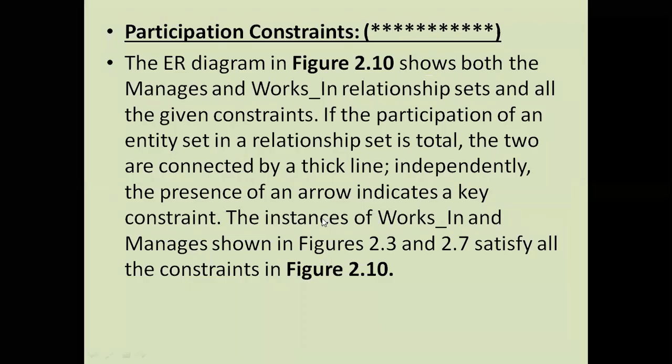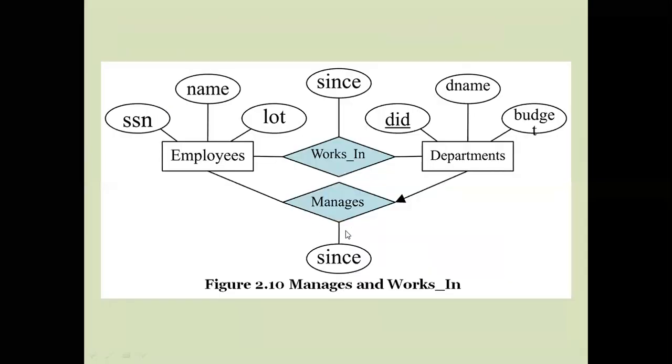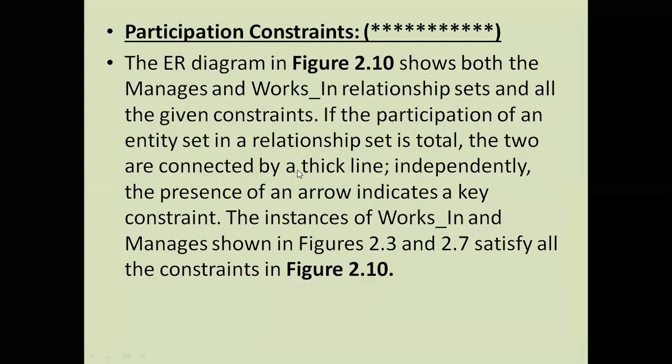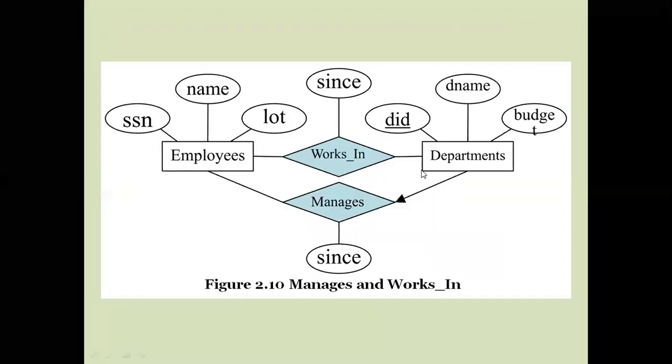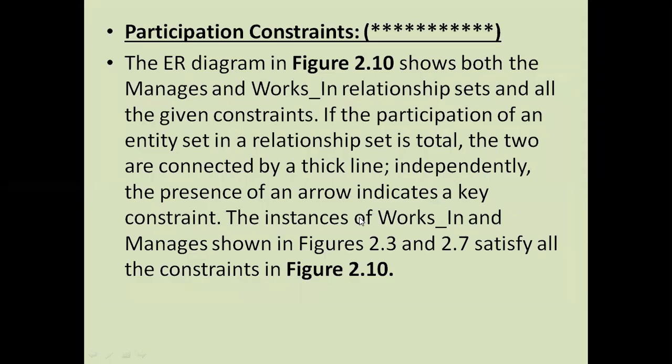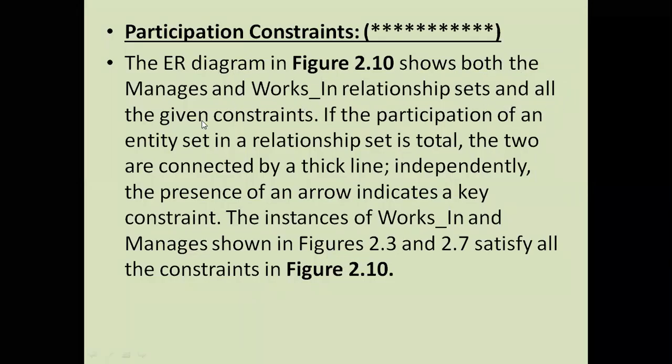The third one is participation constraints. How are we representing participation? Participation means we consider partial participation or total participation. If it is a total participation, we can represent it with double lines from the relationship set, or a thick line also. If you observe here, figure 2.10 shows both. The ER diagram shows both the manages and works in relationship sets and all the given constraints.